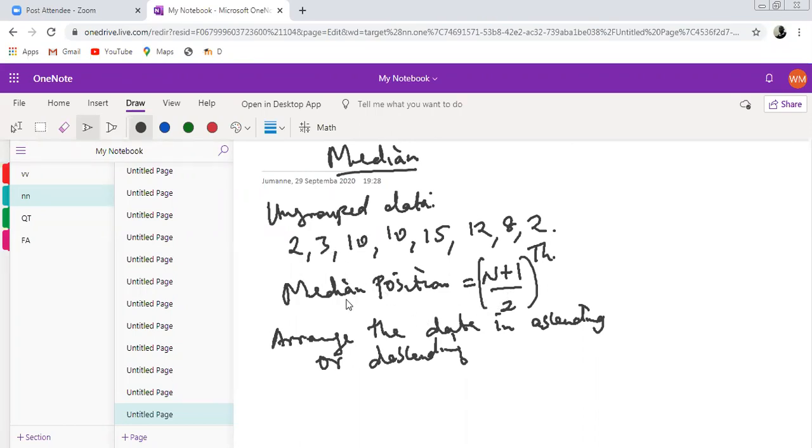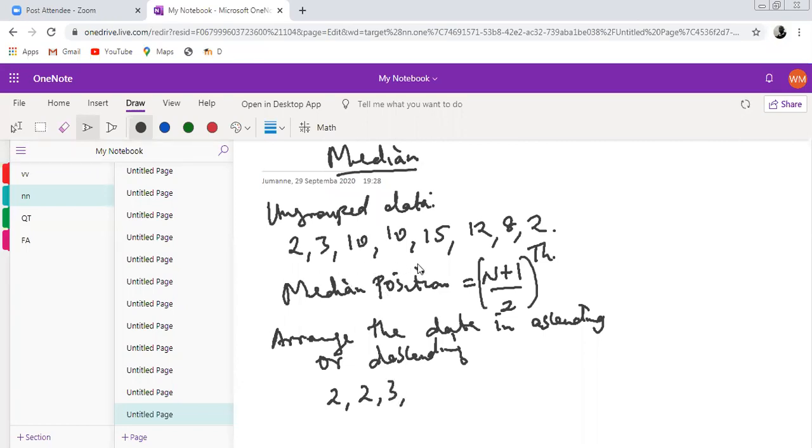Arranging simply means we start either with the highest to the smallest or the smallest to the highest. But we normally like using the smallest to the highest. In this case, the smallest is 2, and it appears twice, so we have 2, 2. Then we go to 3.